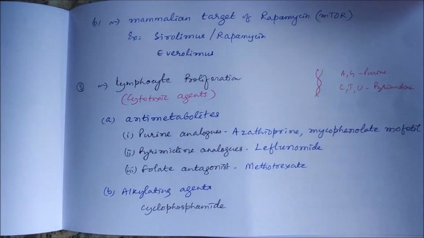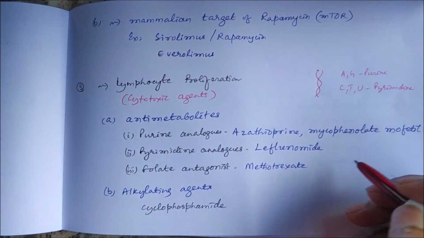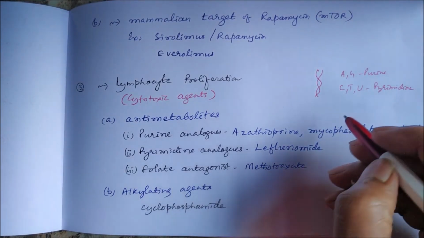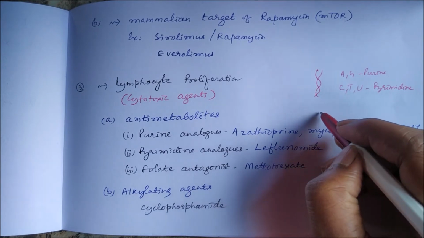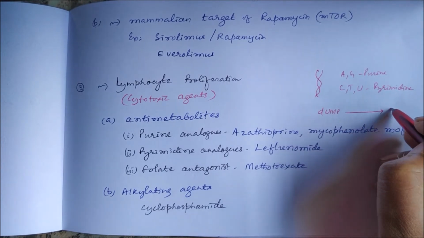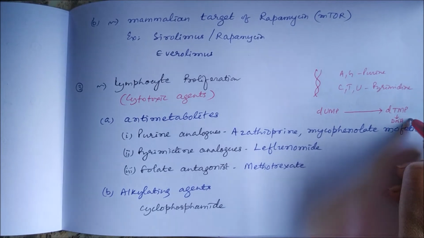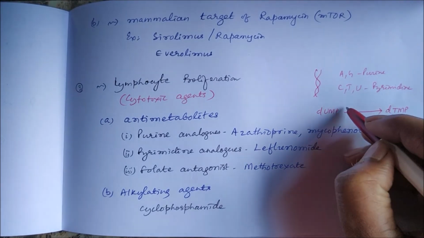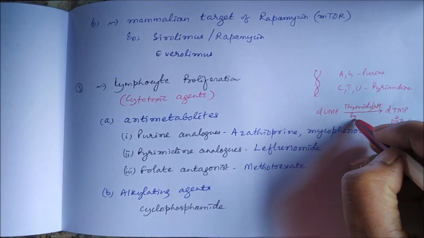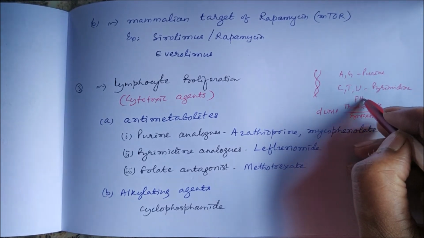So we can have anti-metabolites which can be either analogs of purine or pyrimidine. Then during the synthesis of DNA, deoxyuridine monophosphate is converted to deoxythymidine monophosphate. Then there will be DNA synthesis. In this step there is the enzyme called thymidylate synthetase, and this enzyme requires a coenzyme, that is tetrahydrofolate.